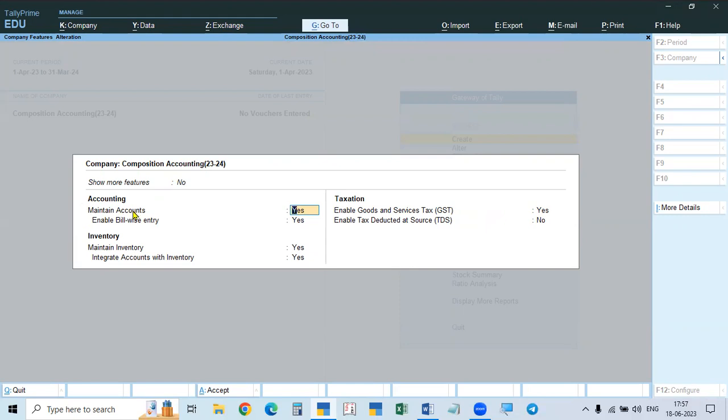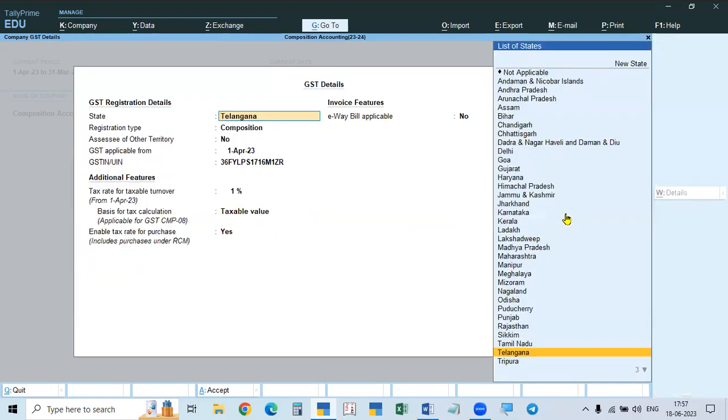In this case, in accounting, maintain accounts, enable bill-wise entry, yes, okay. Maintain inventory, yes. And integrate accounts with inventory, all these are okay. But in this case, enable goods and services tax. See here, the state for the GST registration details will be taken automatically by default, whatever state we gave when we created the company.